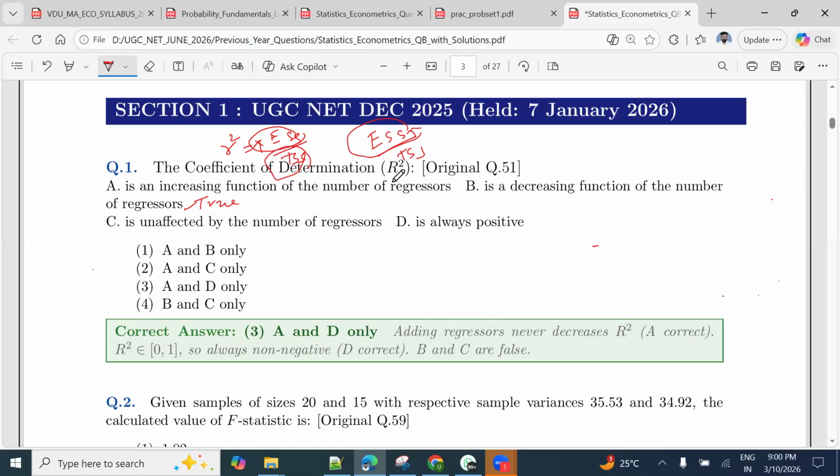Gretl or Stata, we will do it. Okay, sir. But right now, you should just know that it depends upon ESS and the formula and how the ESS is calculated. As I already told you, always you should write down. Okay, what is ESS?